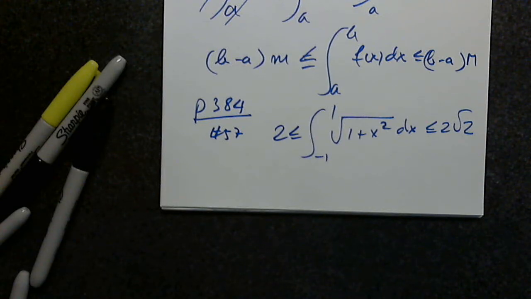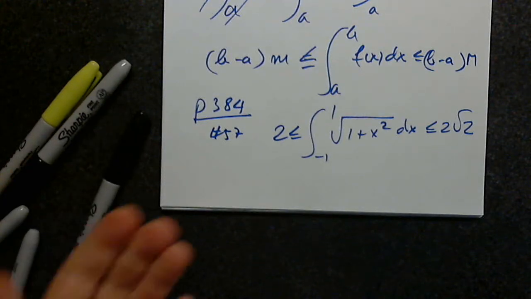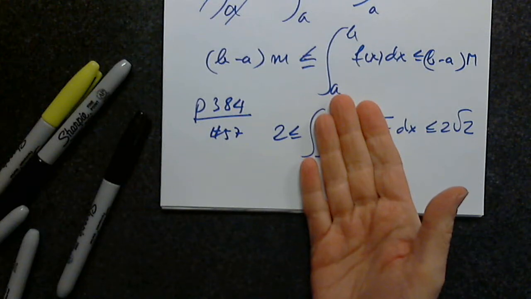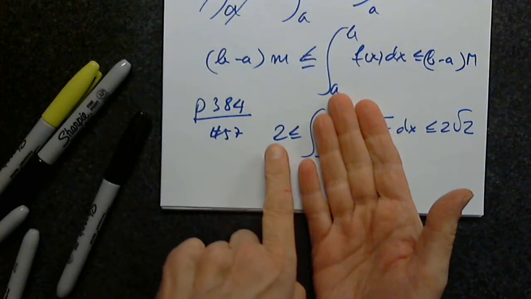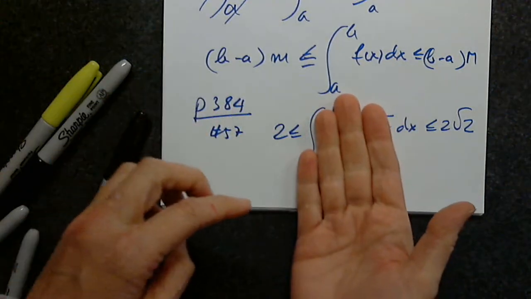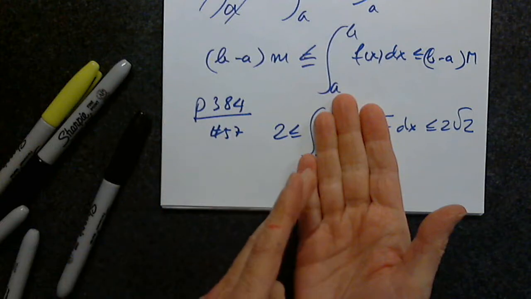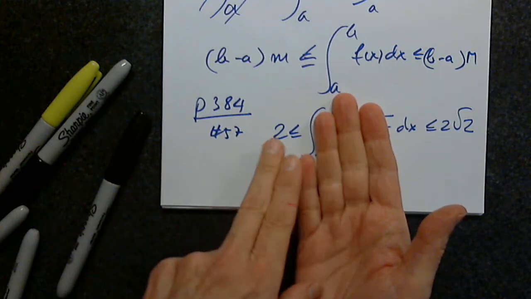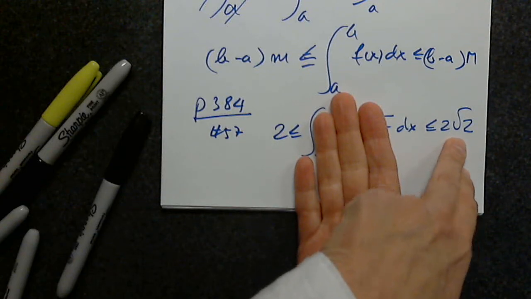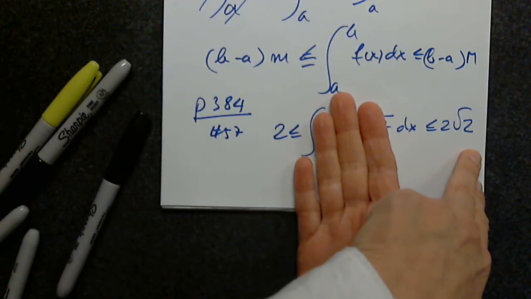Hands are tied here. So we can only try to show that this integral, whatever it is, because I can't determine it exactly, is definitely a number between this and this. It must be a number because it's a definite integral, but I can't determine it. So we are only asked to show that whatever this is is between 2 and 2 times 1.41, between 2 and 2.82.